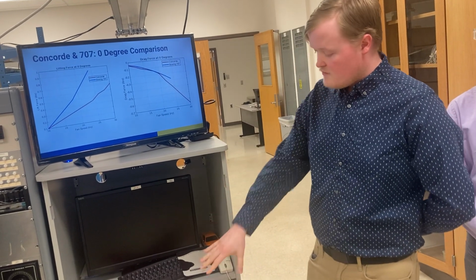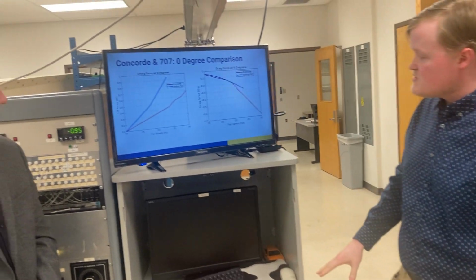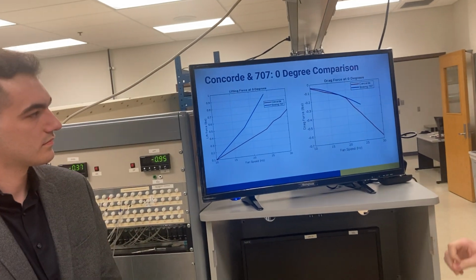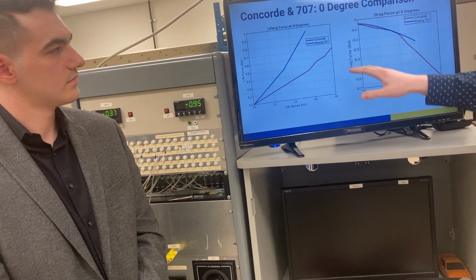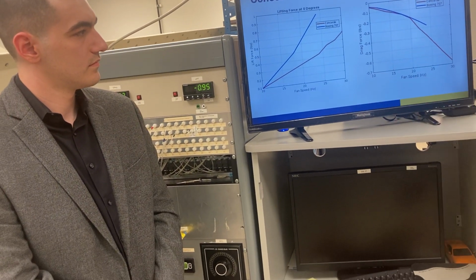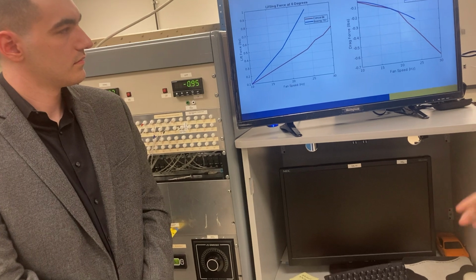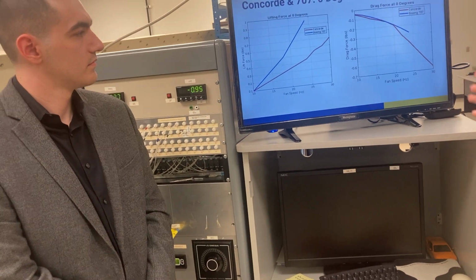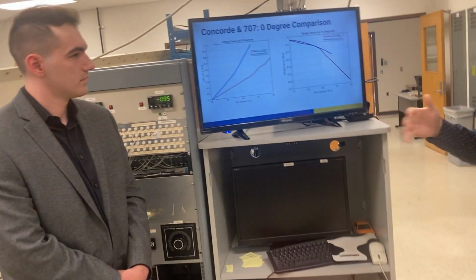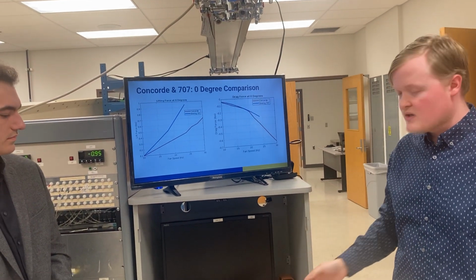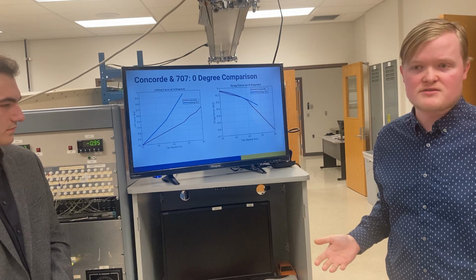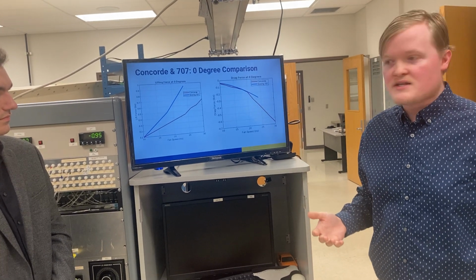Now, continuing off from just the Boeing 707, comparing it to the Concorde directly, we can see a pretty obvious trend of a higher lifting force being applied with the Boeing than the Concorde. This is interesting because someone that isn't quite familiar with these wings would think, well, the supersonic is good at faster speeds, why wouldn't it be good at slower speeds?